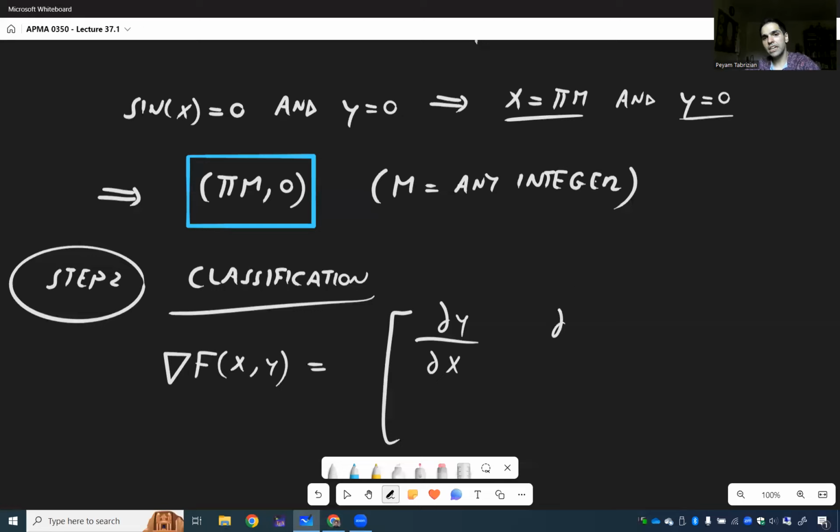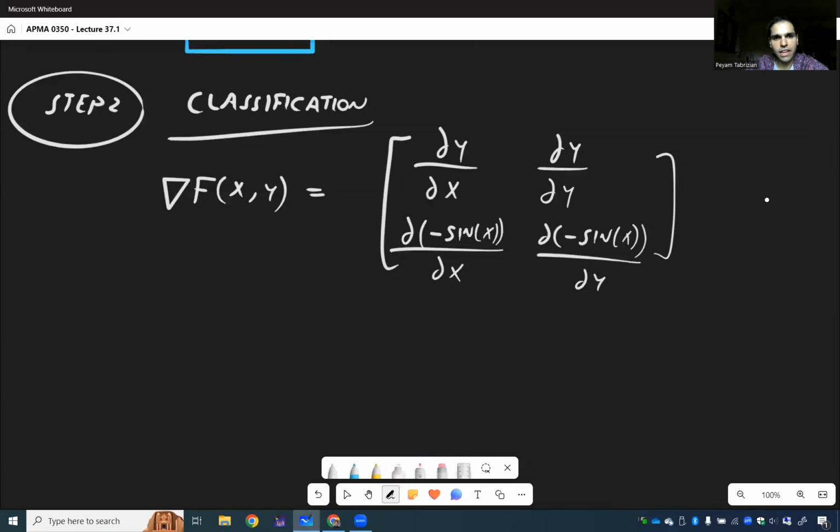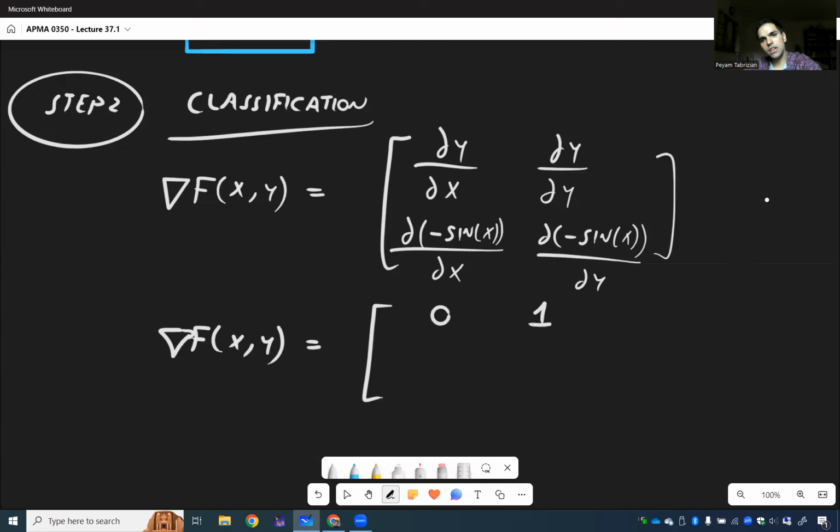So dy over dx, dy over dy, d of minus sine of x over dx, and d of minus sine of x over dy, which then becomes 0, 1 here. So the gradient of f at (x, y) is 0, 1, minus cosine of x, 0.